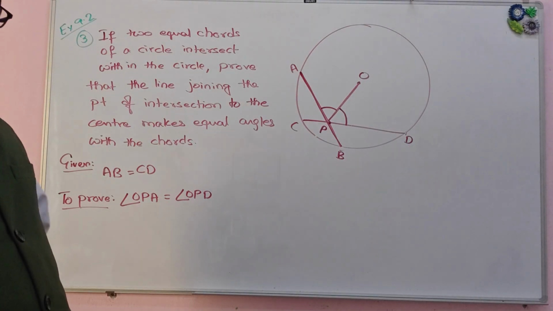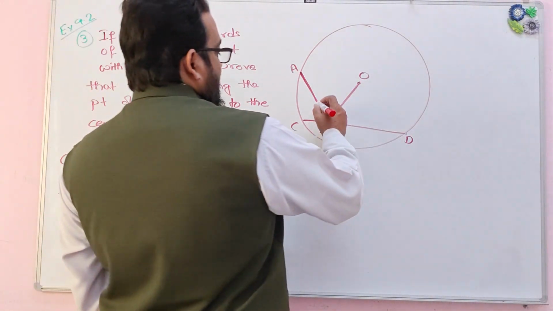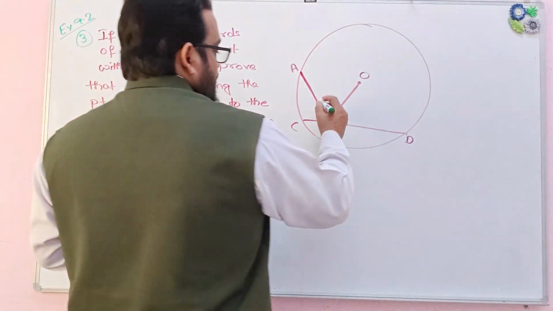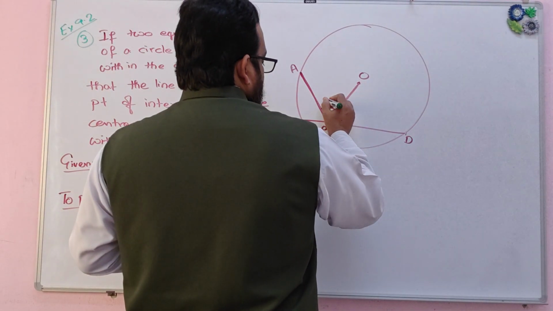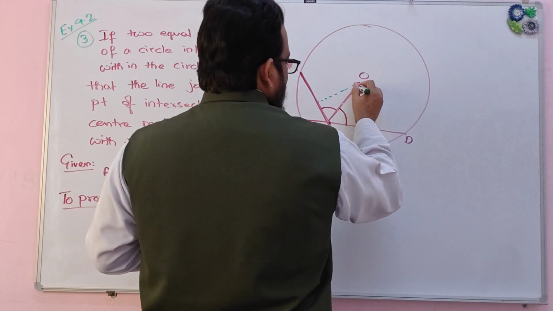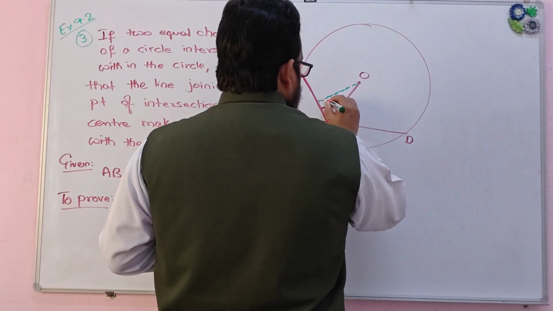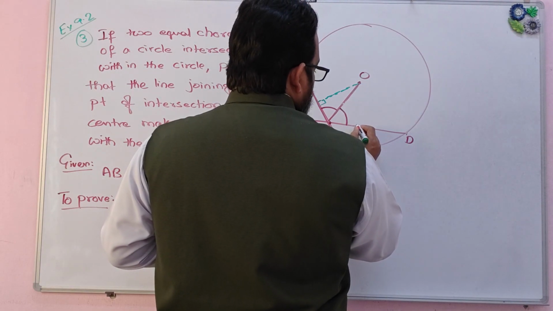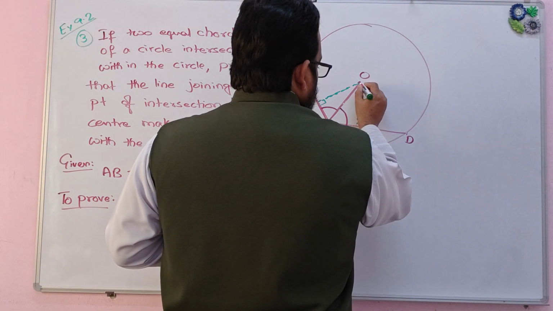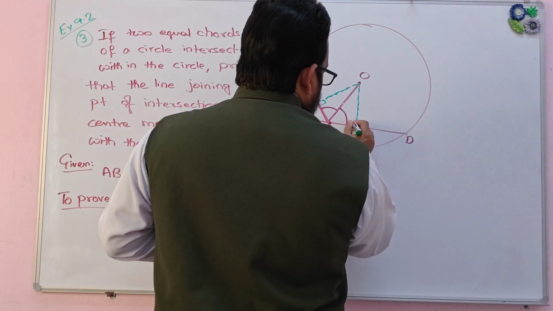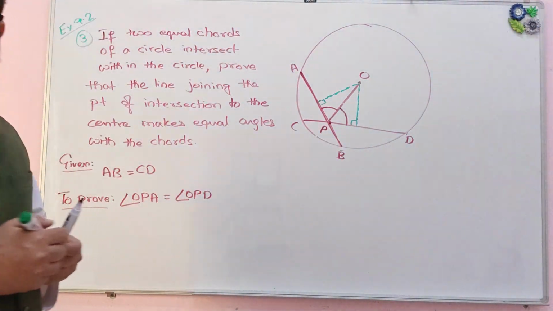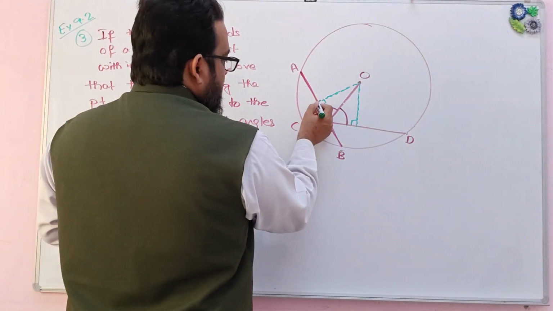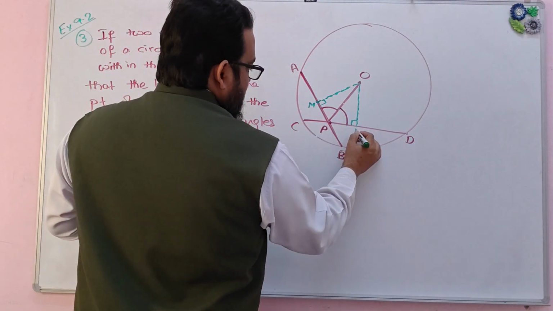So let me draw like this. If I take any perpendicular from the chord onto the center, and also let me draw one perpendicular over here. Now what is formed? Let me write this as M and this as N.